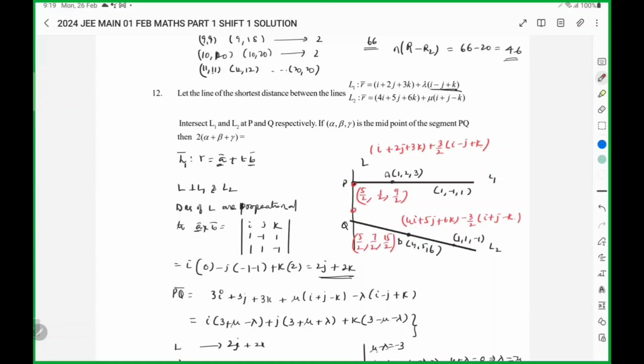So the midpoint here is alpha, beta, gamma. 5 by 2 plus 5 by 2 by 2, 8 by 2, that is 4. Two times alpha plus beta plus gamma is 5 by 2 plus 8. We get 16. We get 21 as the answer.